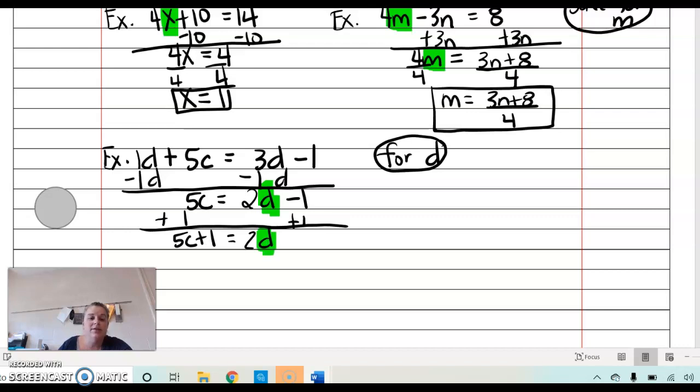Find my variable. Oh, there it is. d multiplied by 2. So we're going to divide by 2. And the whole thing is divided by 2. So I get d equals 5 times c plus 1 all over 2. Now if I knew what c was, I could go farther than that, but I don't. But the equation is solved for d. d is all by itself, which is what we wanted.